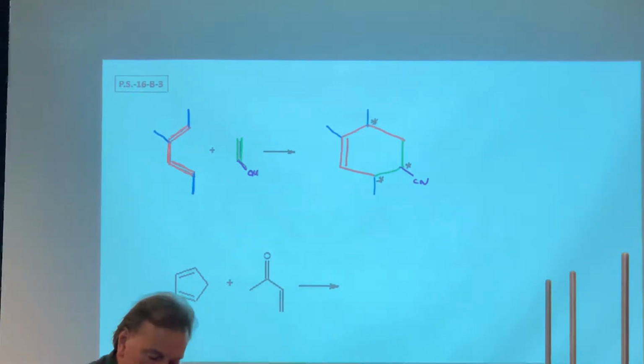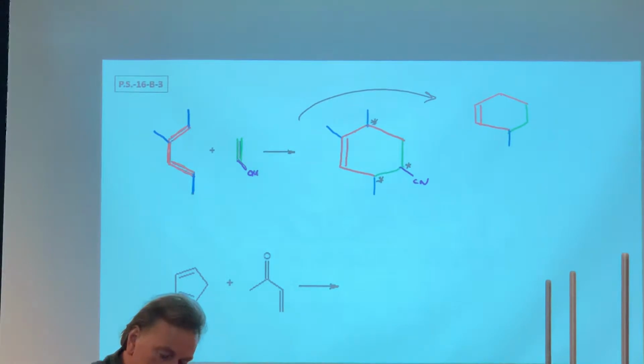So if you want to do it with stereochemistry, we're going to copy this here. And let's do it over here.